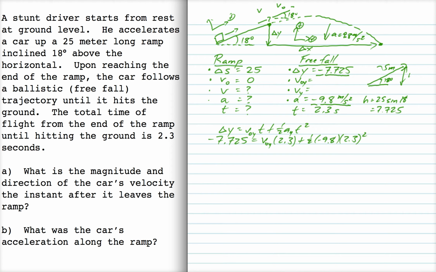If I go through and solve this, I get negative 7.725 is equal to v0y times 2.3 minus 1/2 times 9.8 times 2.3 squared, and so v0y is equal to 7.9 meters per second.